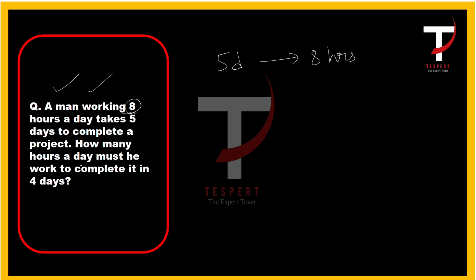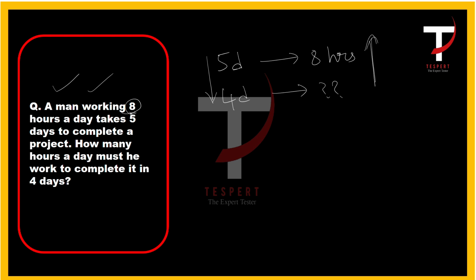How many hours a day must he work to complete it in 4 days? So for 4 days, how many hours are required per day? Okay. So if the number of days are decreasing, then the amount that he must invest in working must increase, right?